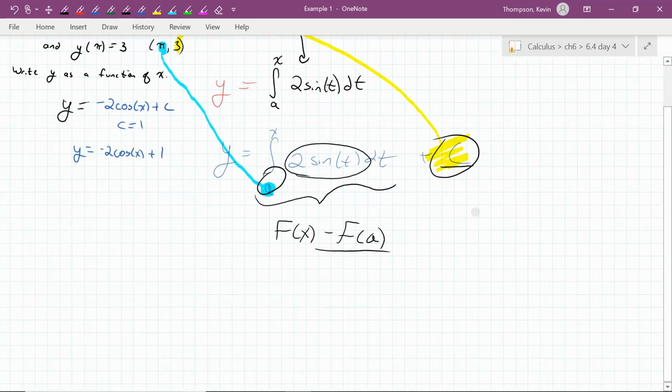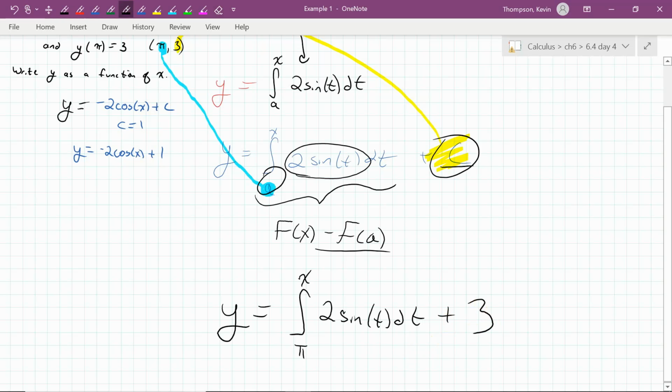So I'm saying that y should be equal to the integral from pi to x of 2 sine t dt. Write that dt, or I'll mark it wrong because I can't tell where this 3 is.